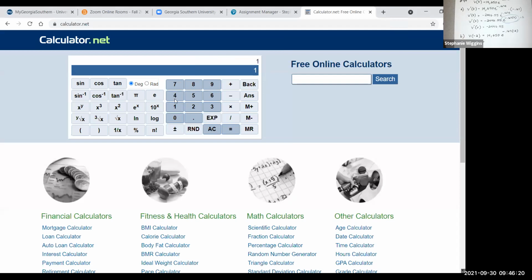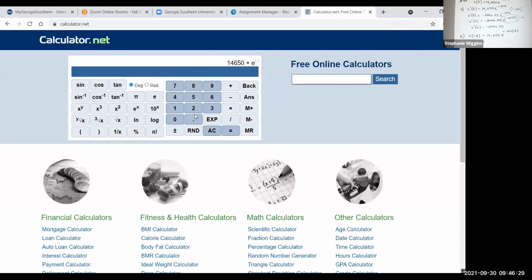I have 14,650 times e to the, I'm going to use parentheses because I'm going to do a calculation here, 0.167.